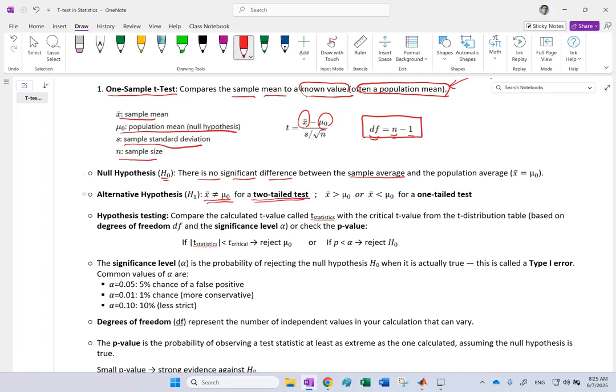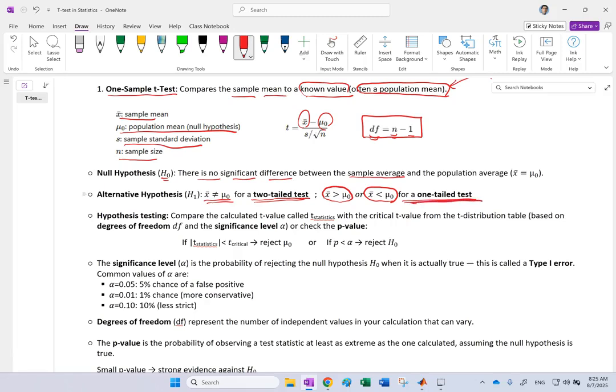So as long as they are not equal to each other, as long as they are different, that basically means x bar could be bigger than mu naught or could be less than mu naught, as long as they are not equal. Now, if we say, well, no, I assume that x bar is bigger than mu naught, or I assume that x bar is less than mu naught, so you only consider one of the two scenarios, that is called the one-tailed t-test.